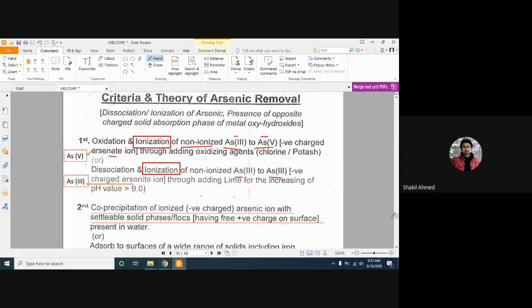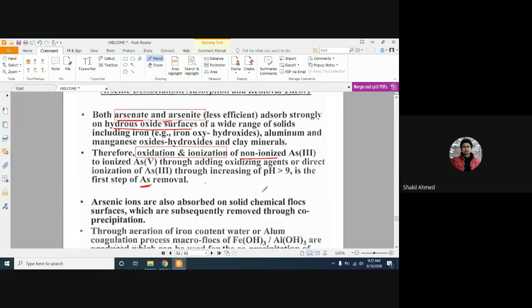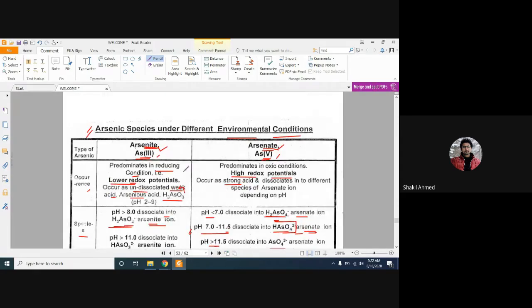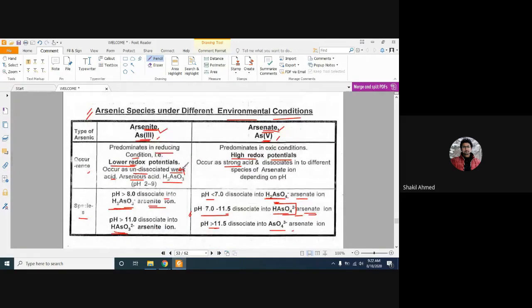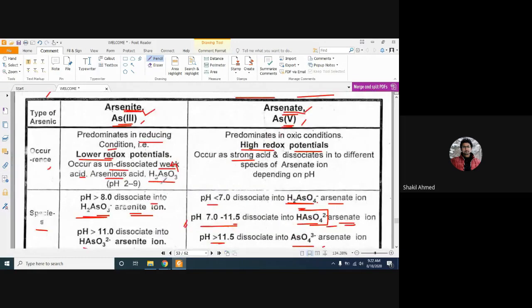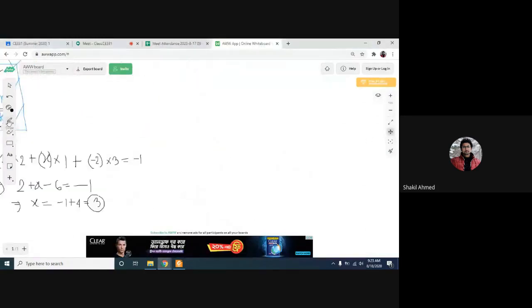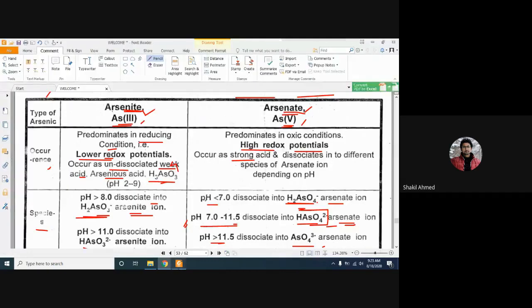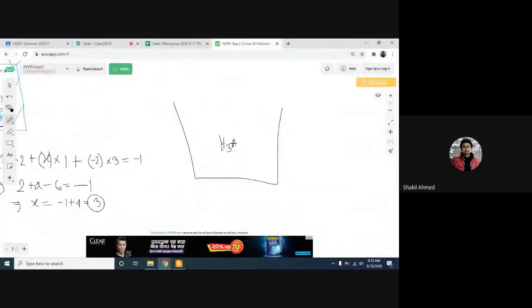What I am trying to say here is that in nature you will find this or the pentavalent form. Now you want to remove it. You have this in your water and you want to remove arsenic.